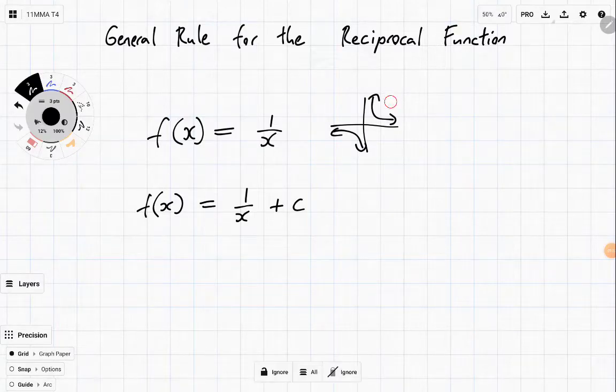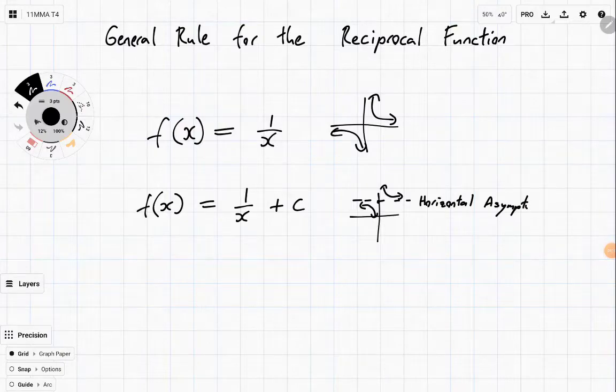So my new one would look something like this, where the horizontal asymptote has been moved up to y equals c, whatever the value of c is. It's basically shifted the whole thing up.